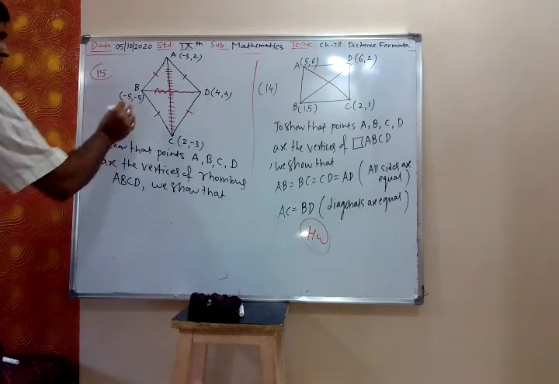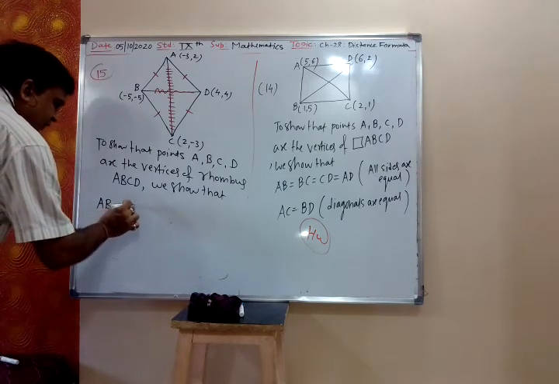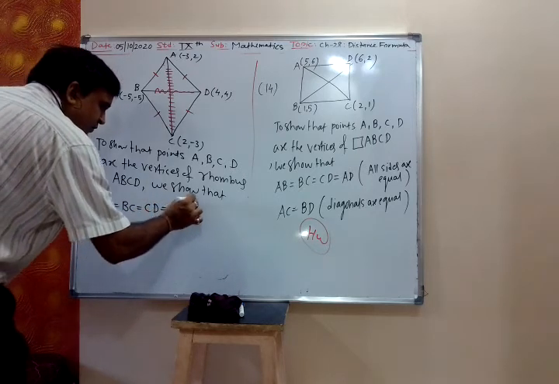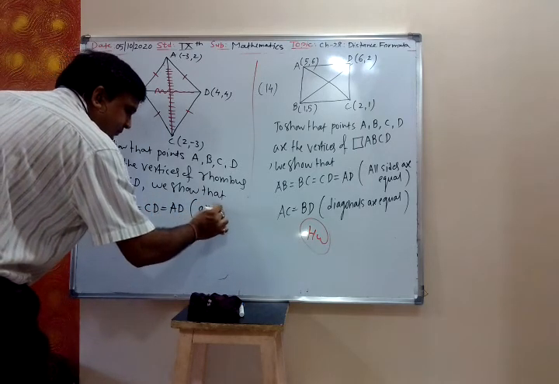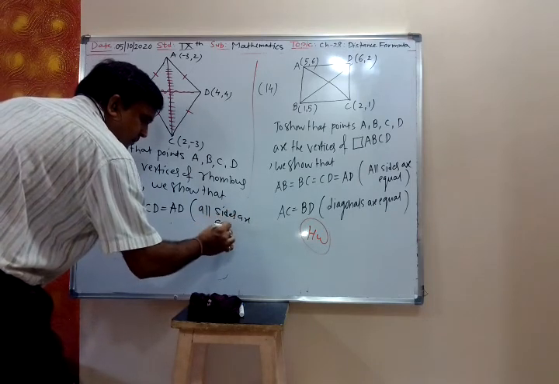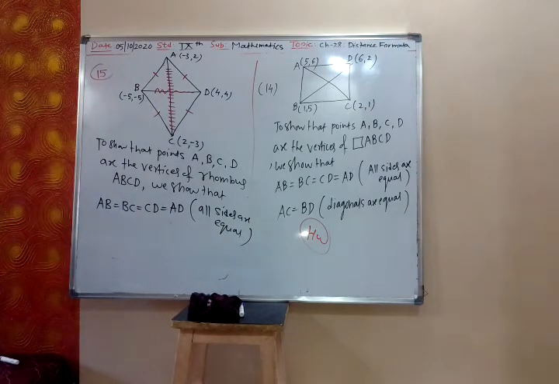all four sides are equal, means AB is equal to BC is equal to CD is equal to AD. So all sides are equal, but the diagonals are unequal.